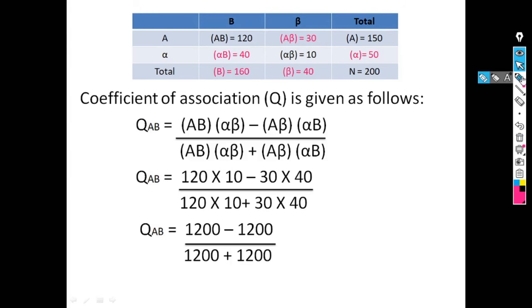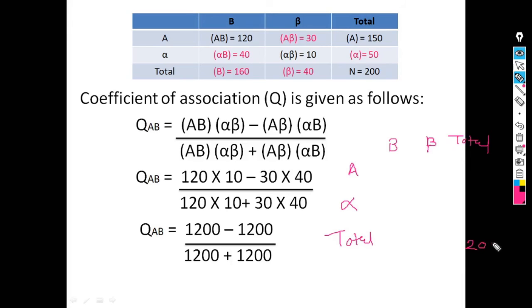And we know the formula is Q of AB is equal to AB into alpha beta minus A beta into alpha B divided by AB into alpha beta plus A beta into alpha B. For this we have to calculate the missing frequency by using this table. The table is A, alpha, total, B, beta, and total. Now firstly we write down the given frequencies.